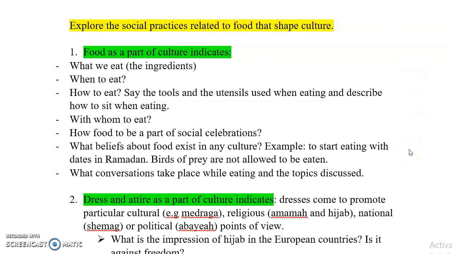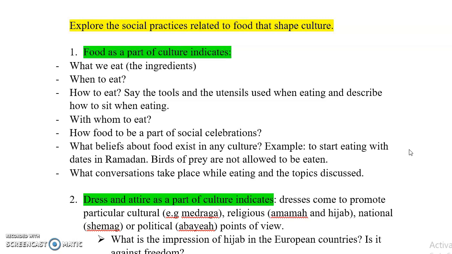What beliefs about food exist in any culture? For example, to start eating with dates in Ramadan, birds of prey are not allowed to be eaten. So all of these are part of social practices regarding food. We have to think about the conversations that we may have while eating.